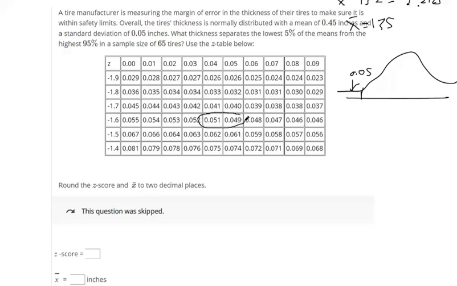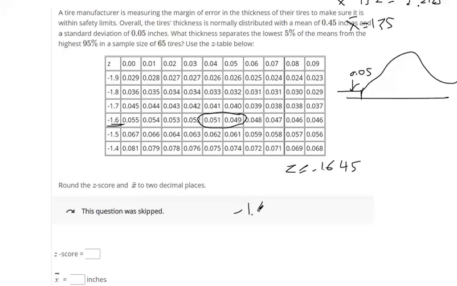So these two numbers are close to 0.05. We'll take the z-score that's between them. The z-score negative 1.64 is this, negative 1.65 is this. So we'll take z equals negative 1.645, right in the middle between those two, since 0.05 is between those two numbers. So that's our z-score.